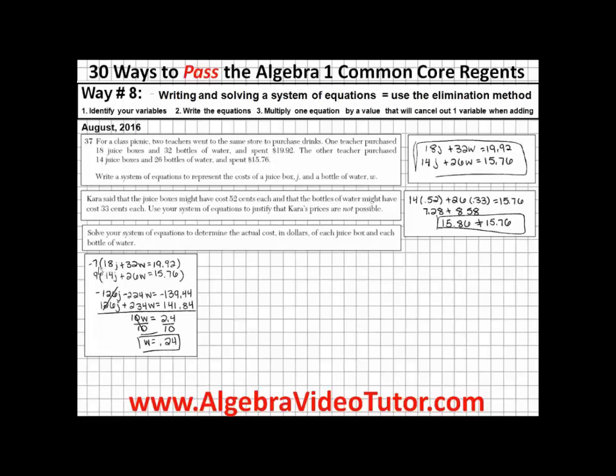In this case, you might need to multiply both, but that's okay. You want to do something that's going to cancel out one of the variables. You see, in one case, they multiplied the top one by -7 and the bottom one by +9. That was to get them to be equal but opposite. One's a negative, one's a positive. That's going to cancel out.